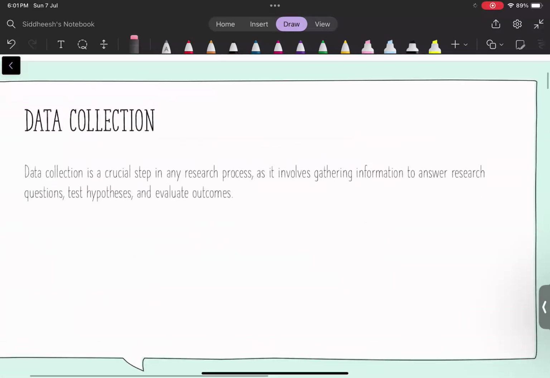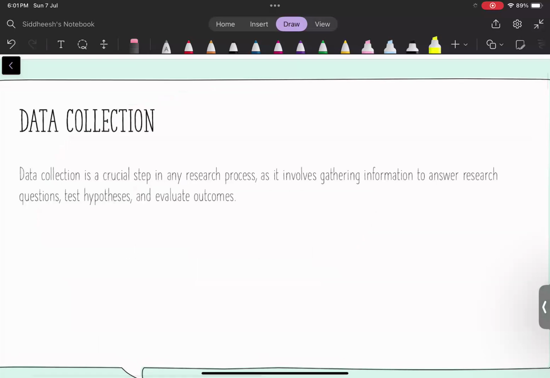The first thing we have is data collection. It is a very important, crucial step in any research process, whether it's retrospective or prospective. You need to do some data collection before doing any sort of analysis. It will help you gather information to answer research questions, test hypotheses, and evaluate the outcomes afterwards.